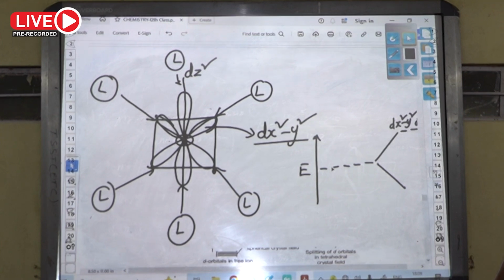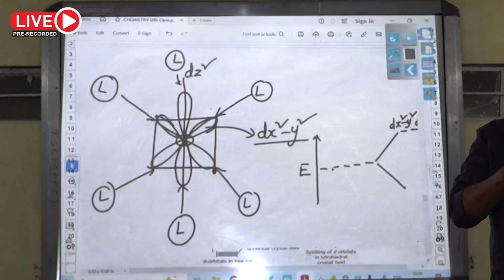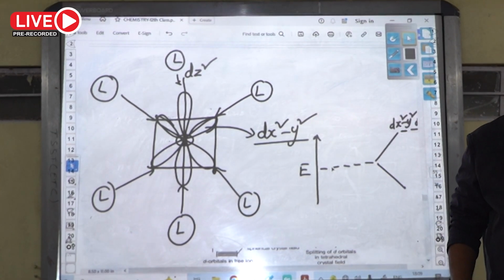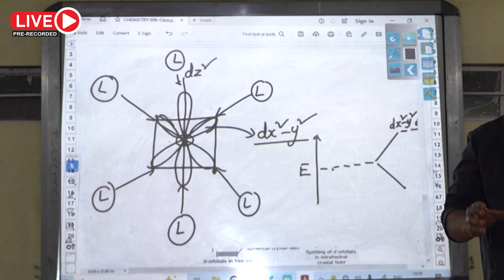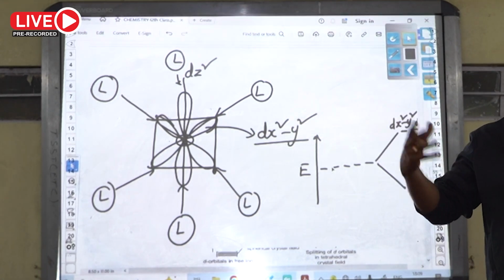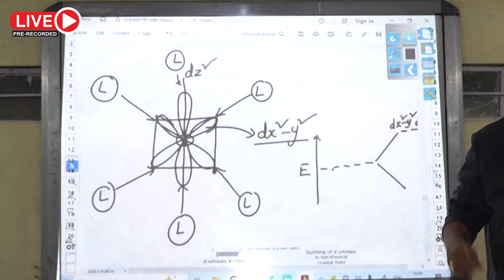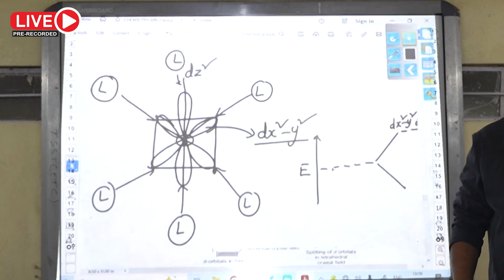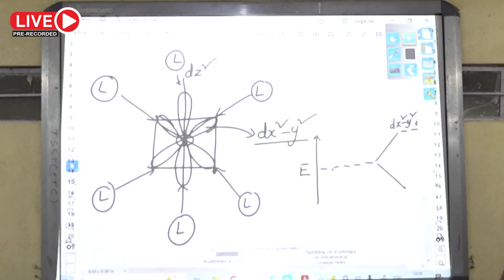Let us say the 6 ligands cause 1 unit of splitting of the d orbitals in octahedral field.